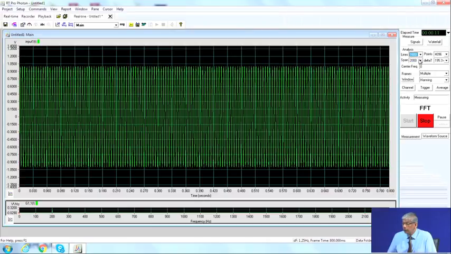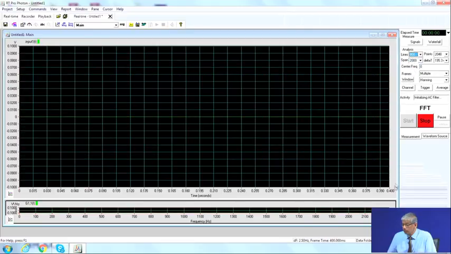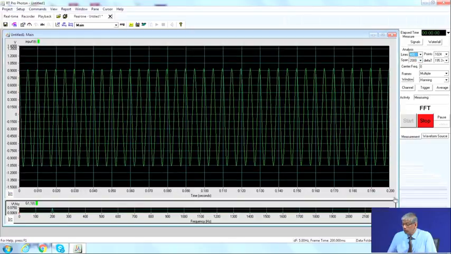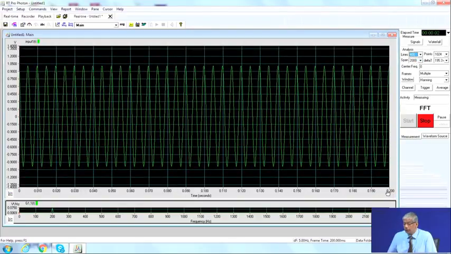If I halve it, 0.4 seconds. If I further reduce it, 0.2 seconds.